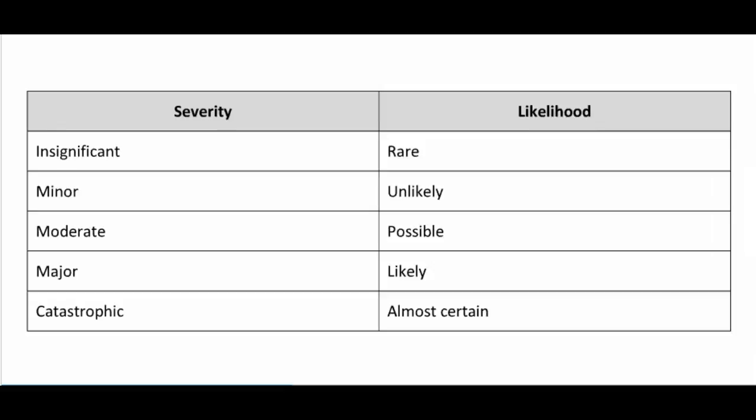The following table can assist in the hazard assessment process by assigning one of the following descriptors for both likelihood and severity. Severity: insignificant, minor, moderate, major, catastrophic. Likelihood: rare, unlikely, possible, likely, almost certain.